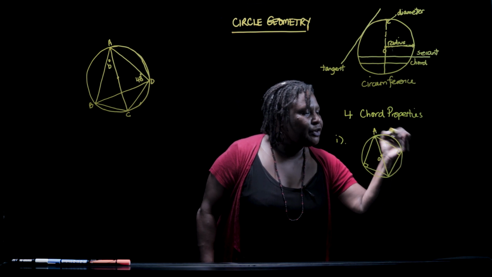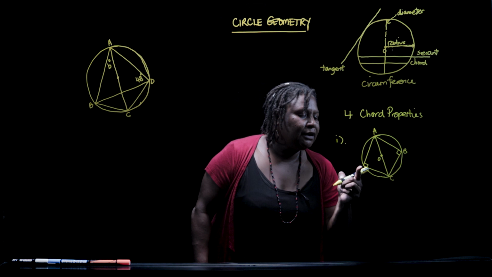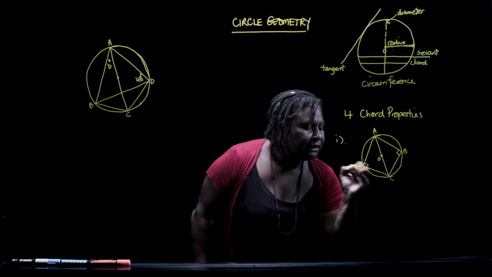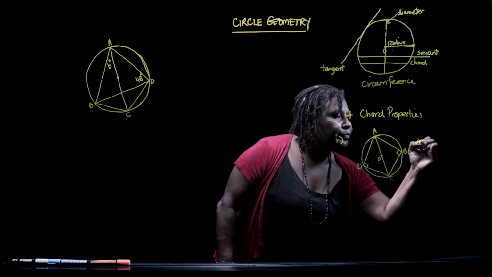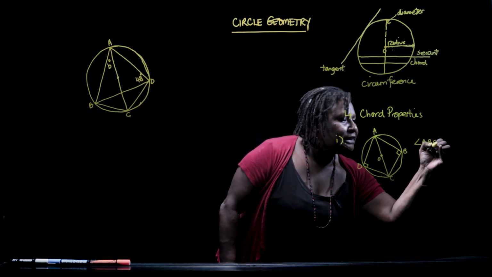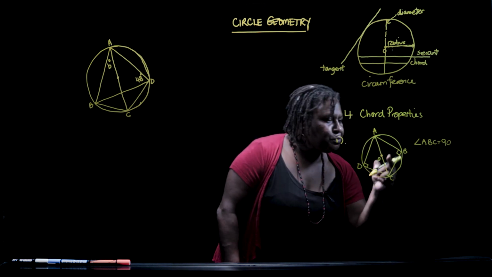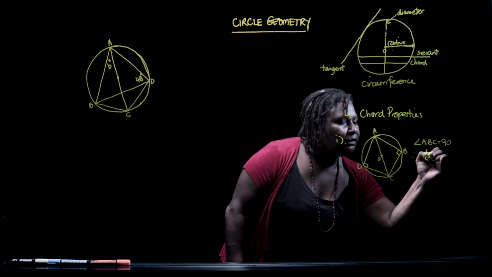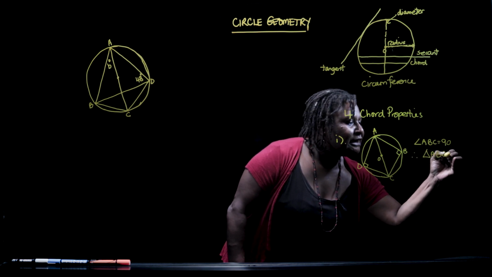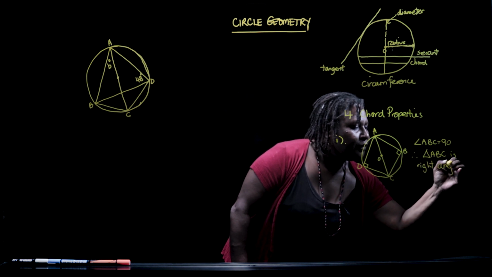So let's say this triangle is ABC, and include this angle, we say D. All right, so angle ABC is 90 degrees, which means that triangle ABC is right-angled.